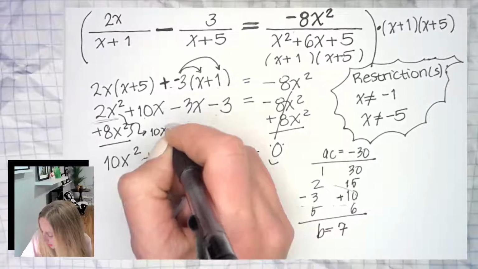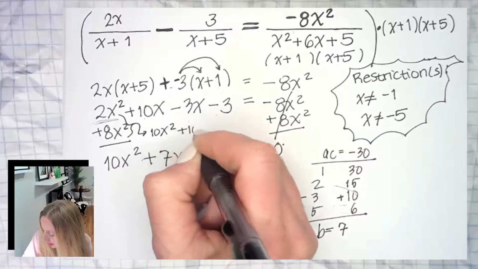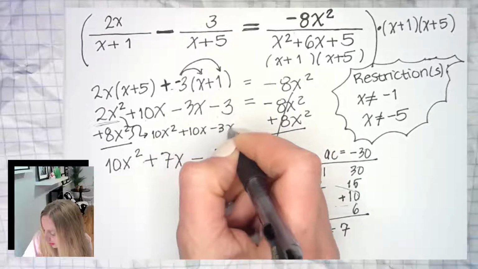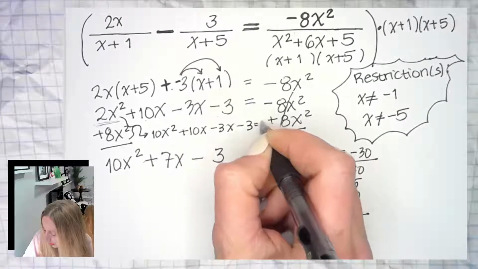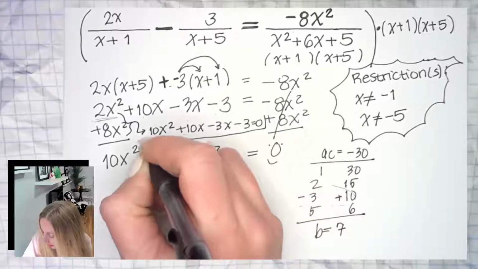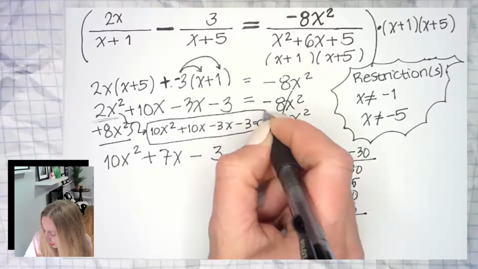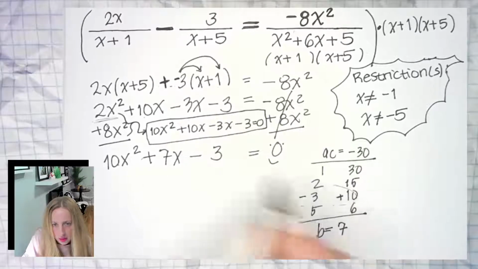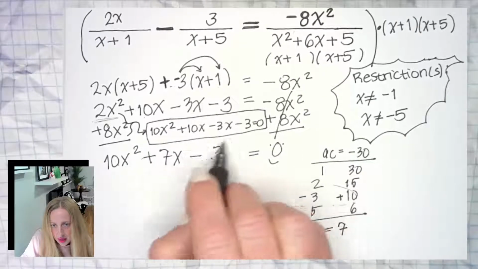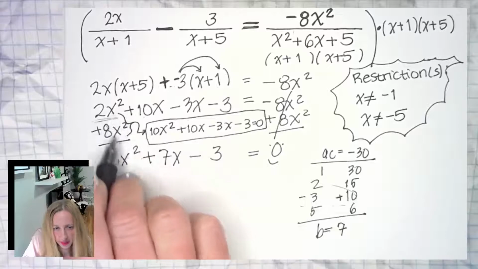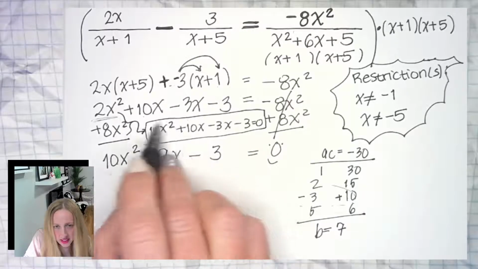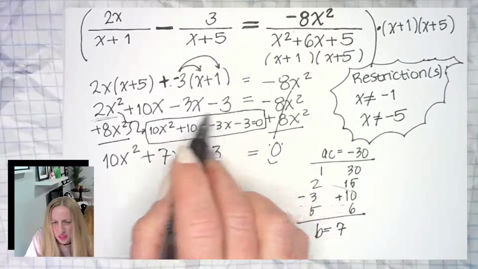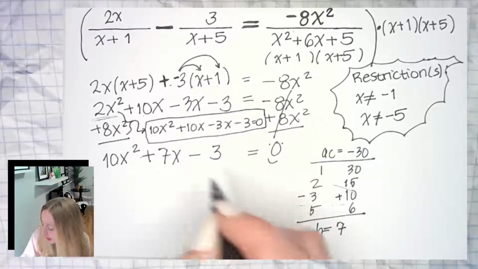If anyone had on their paper 10x squared plus 10x minus 3x minus 3 equals 0, they could have just done the grouping straight from there. It would have worked out. They could have taken the 10x out of this and the negative 3 out of that, but I kind of wrote it funny here, so I wasn't seeing it. I was like 2 to 10 to 3 and 3. No, but silly me, it should have been 10.